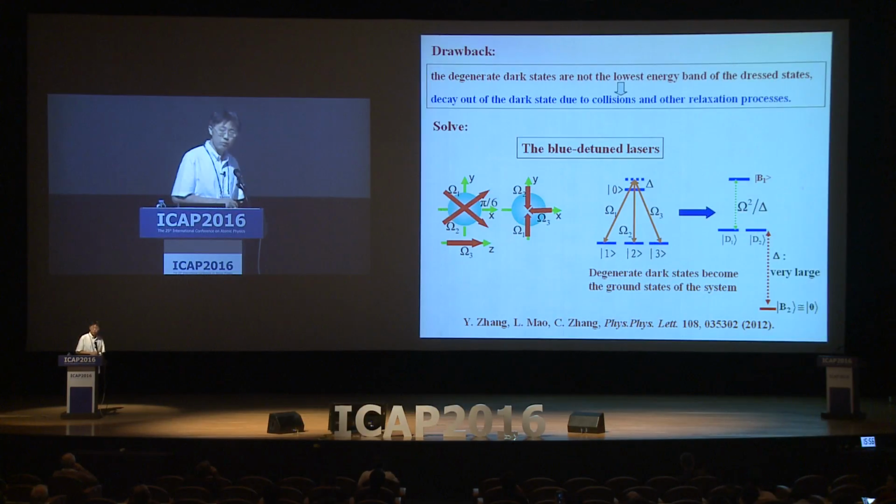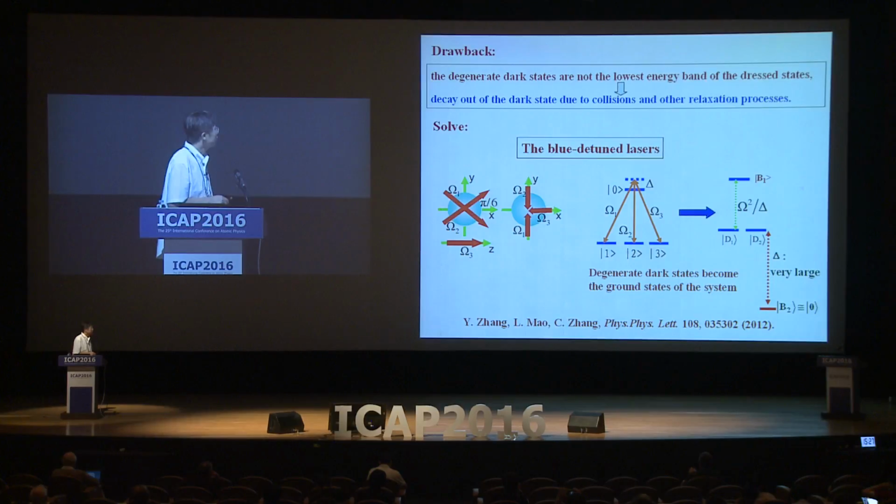However, this scheme has a drawback, because the degenerate dark states are not the lowest energy band of the dressed states. In this case, atoms will decay out of the dark states due to collisions and other relaxation processes.